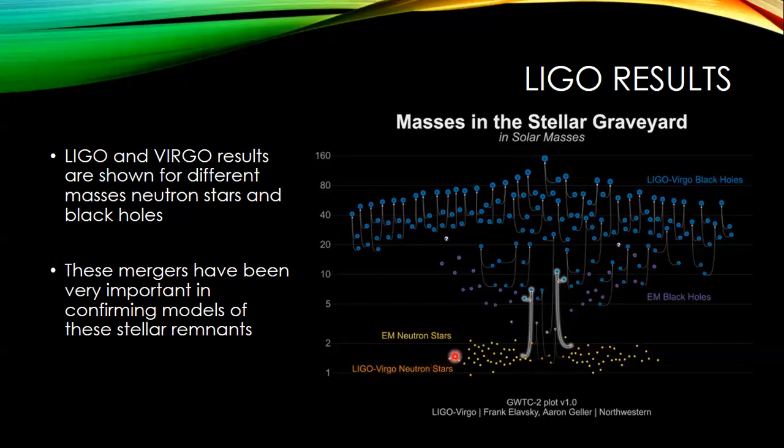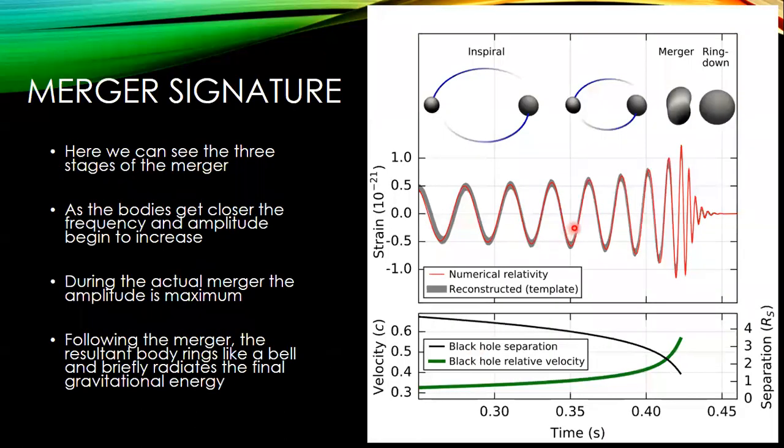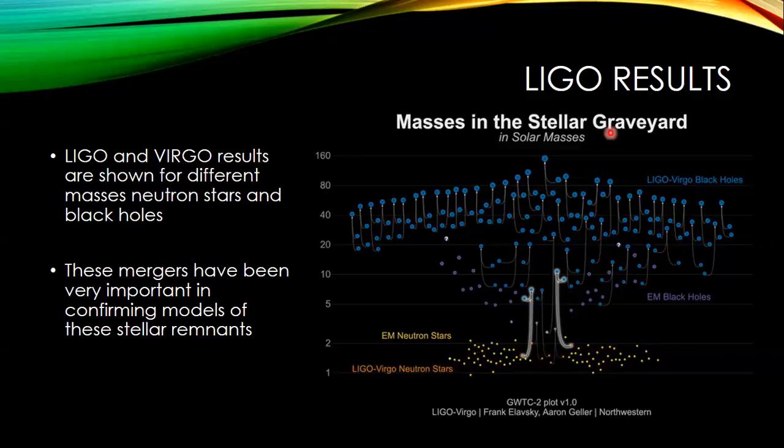We've been able to use these mergers to effectively measure the mass of the neutron stars and the black holes, because by simple understanding of gravity, we know what the gravitational period should be given the different masses of the merged objects.